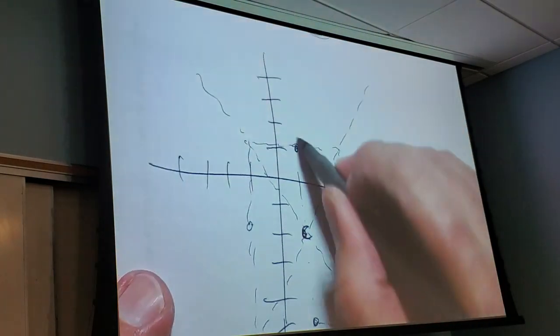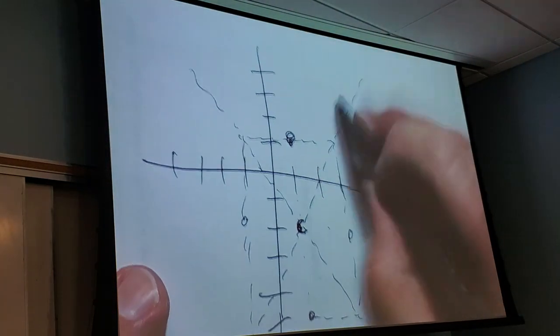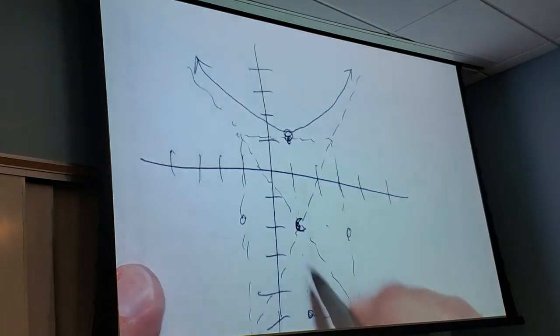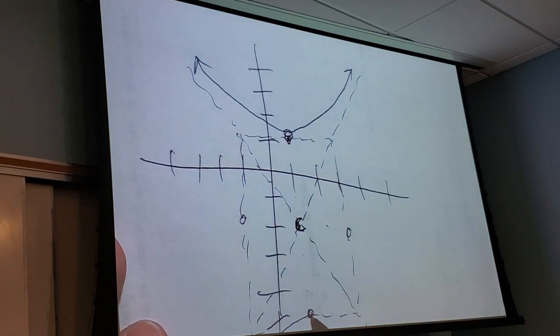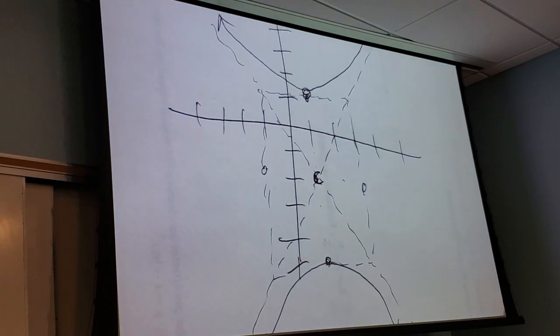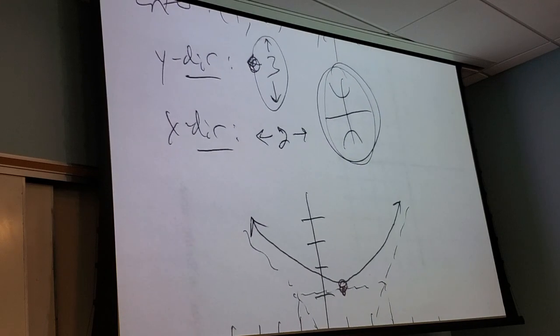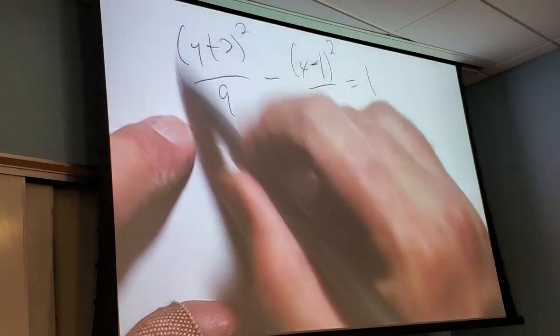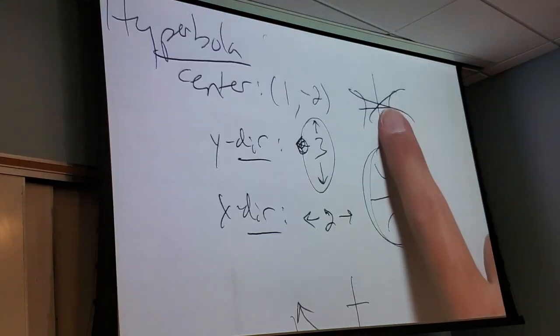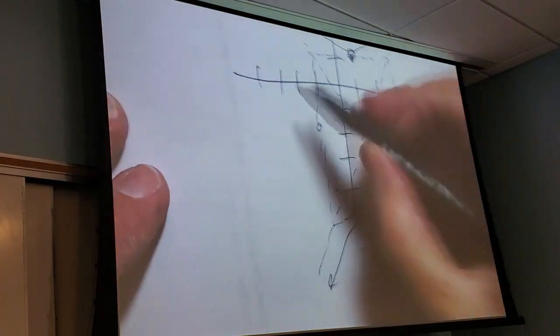And then since it's going this way, I'm going to take this and I have to follow my asymptotes. Is it up and down because the y is in front? Because the y is positive, exactly. Right? If these were switched, it would have looked like this. I would have done this.